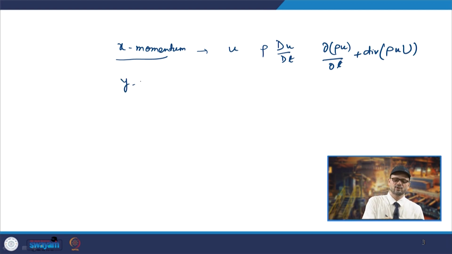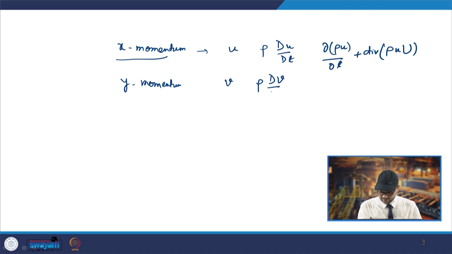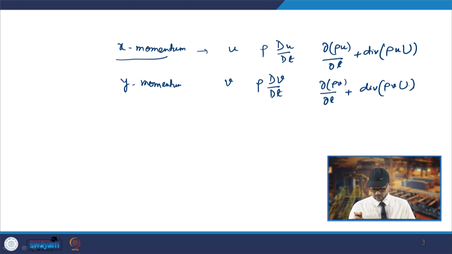Similarly, if you go for the y momentum, the velocity component is v. You will have the total derivative ρ Dv/Dt, and that comes as ∂(ρv)/∂t plus div of ρvu. Accordingly, this way you will have the z momentum equation, and in that you have w.